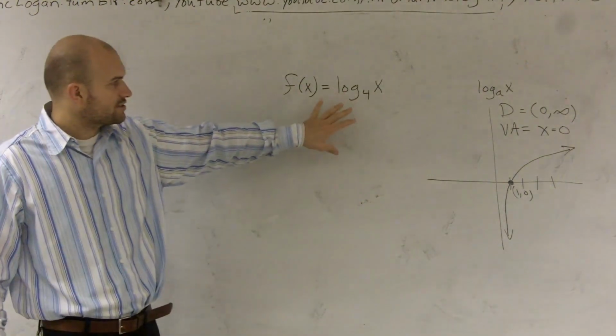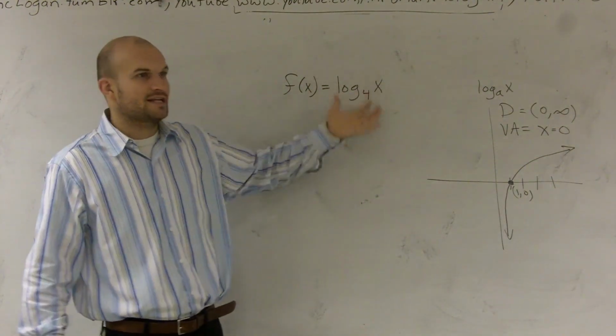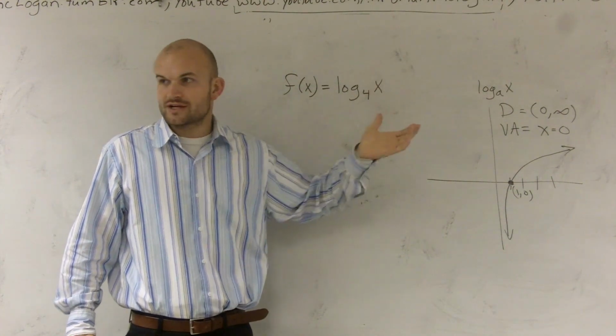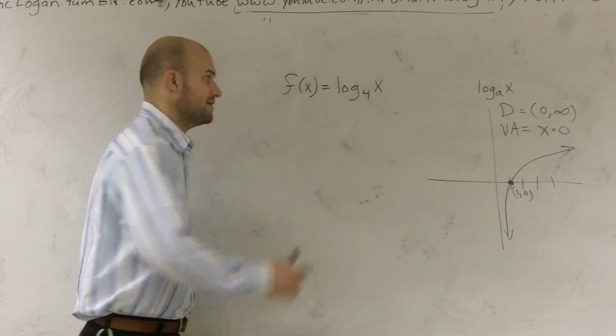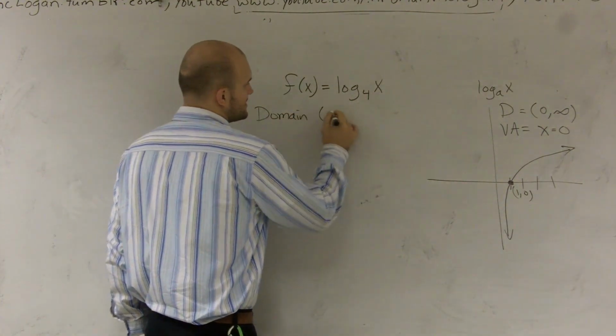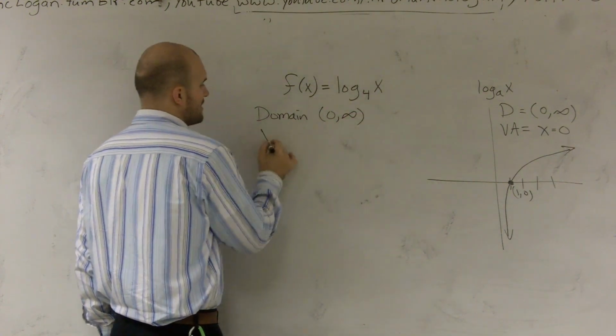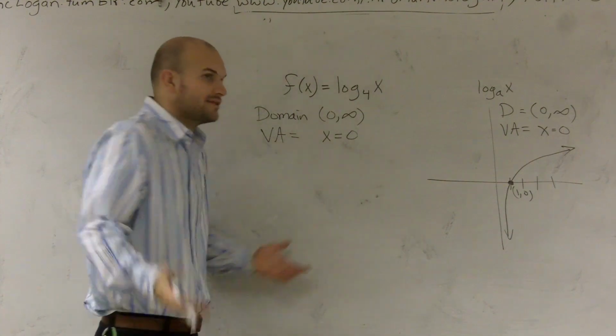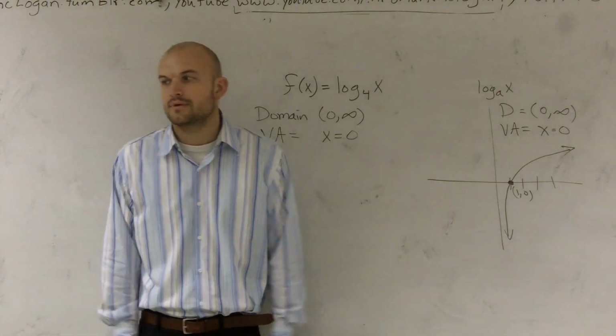So when I look over here at this graph, do I have any transformations? Do I have any plus, minuses, shift left, right, no reflections? Nothing. So therefore, I can just say, hey, my domain is going to be (0, infinity), and my vertical asymptote is x equals 0. So nothing changed.